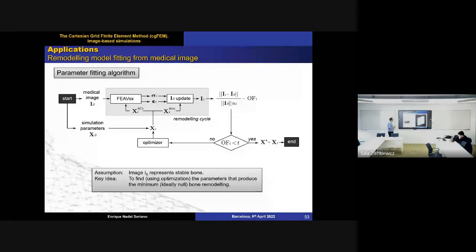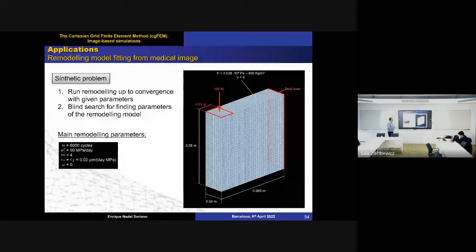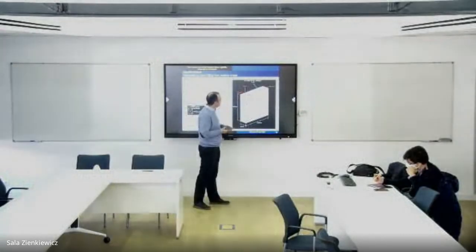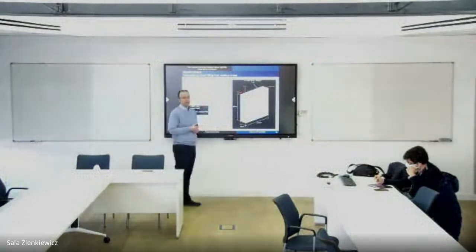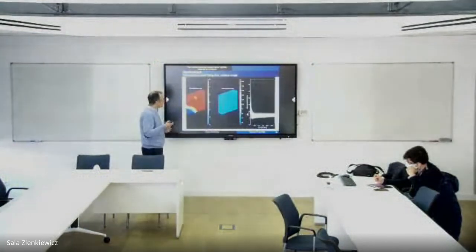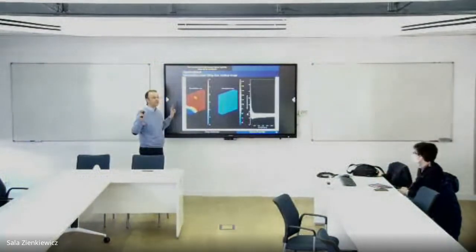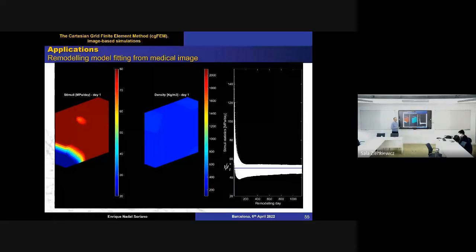Here, in order to test if this works or not, we define a problem which is under control, that is a cantilever beam. This area is fixed, and I put some load in the other area. So we run the remodeling process, which is similar to a topology optimization process in this context.